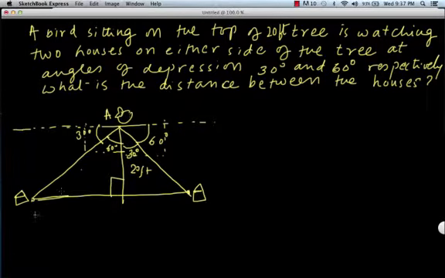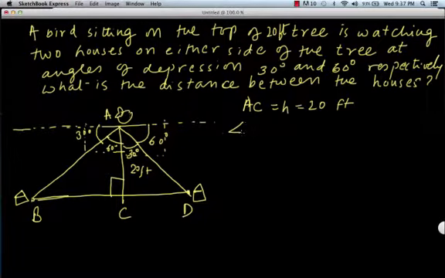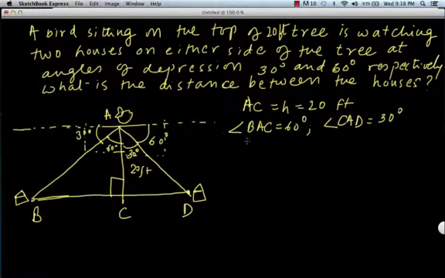Let's call this A, B, C, and D. We know that AC, which is the height of the tree, is 20 feet. We know that angle BAC is 60 and angle CAD is 30 degrees.